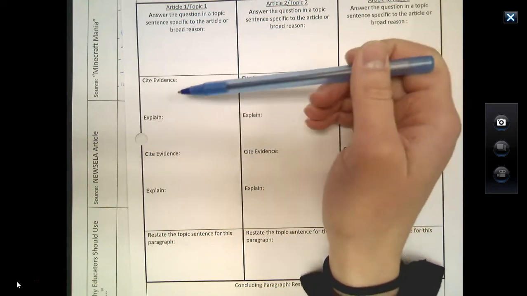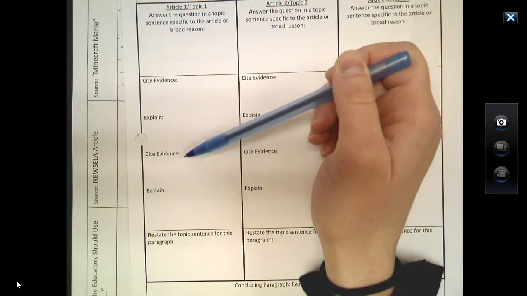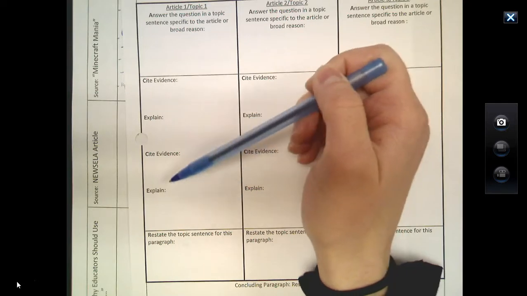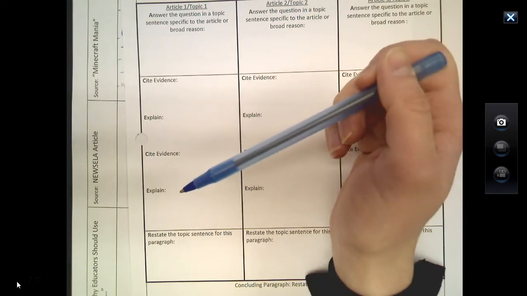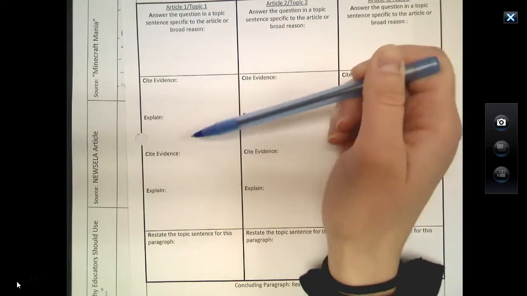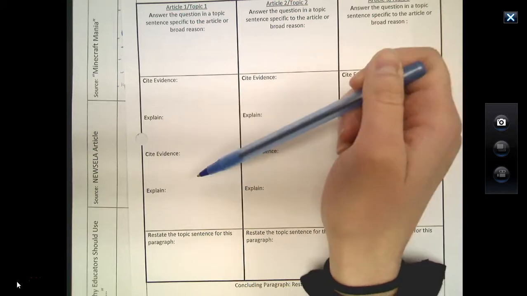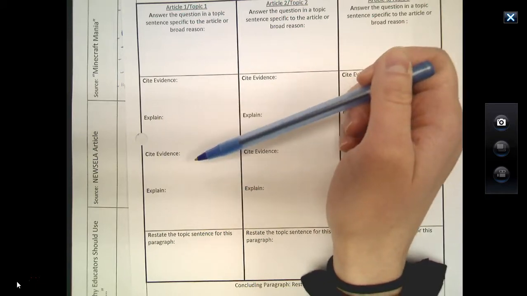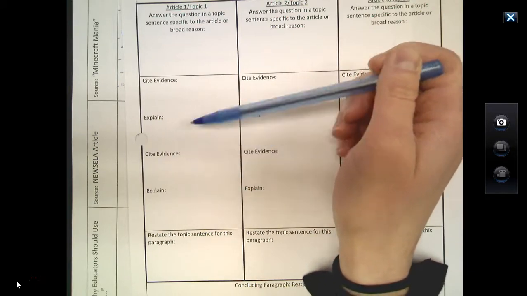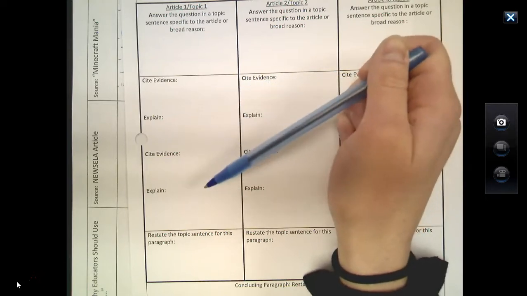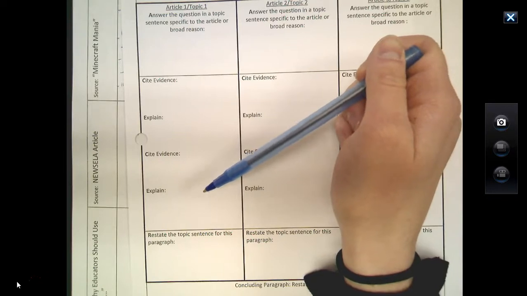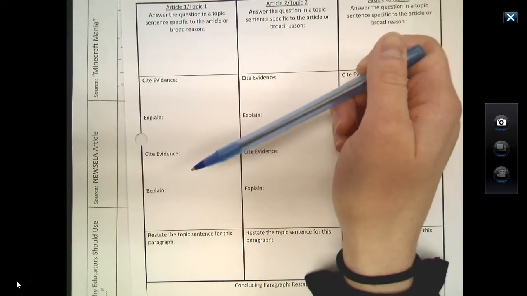Or you might have 2 pieces of evidence and just 1 sentence explaining. So this is where it gets away from the formula of the eraser's back and forth a little bit, and you have some more flexibility in how you want to organize this paragraph, as long as you have at least 1 piece of evidence and at least 1 sentence explaining how your evidence answers the question that was given in the prompt.